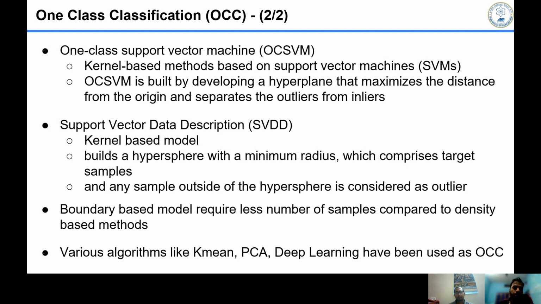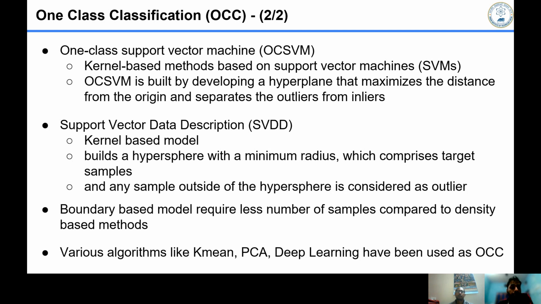Typically, boundary-based models require a smaller number of samples compared to density-based models, because density-based approaches are mostly non-parametric models, and hence you require more samples to estimate those.